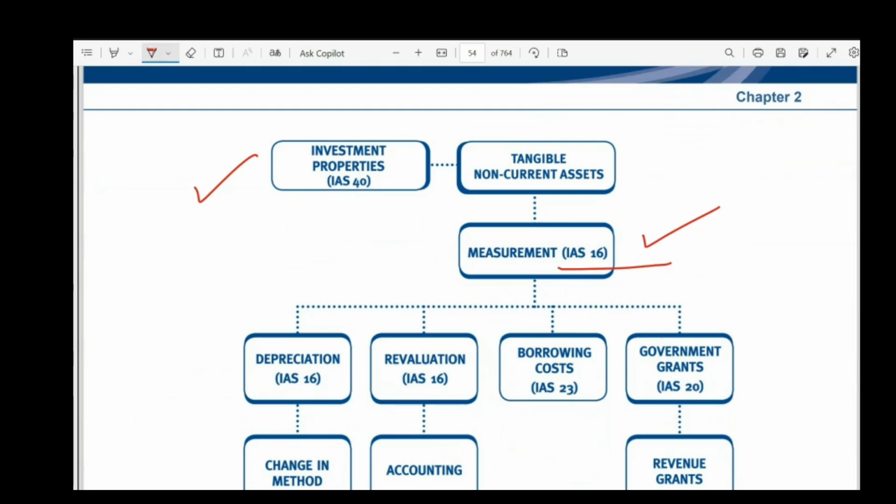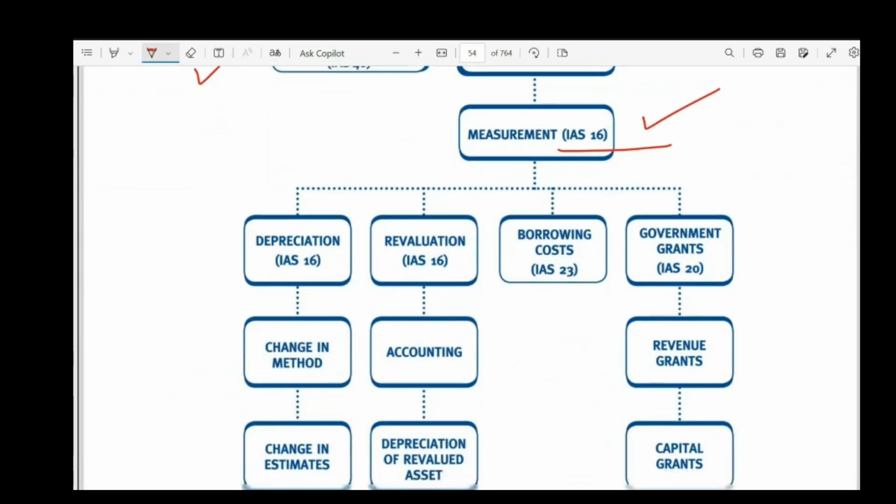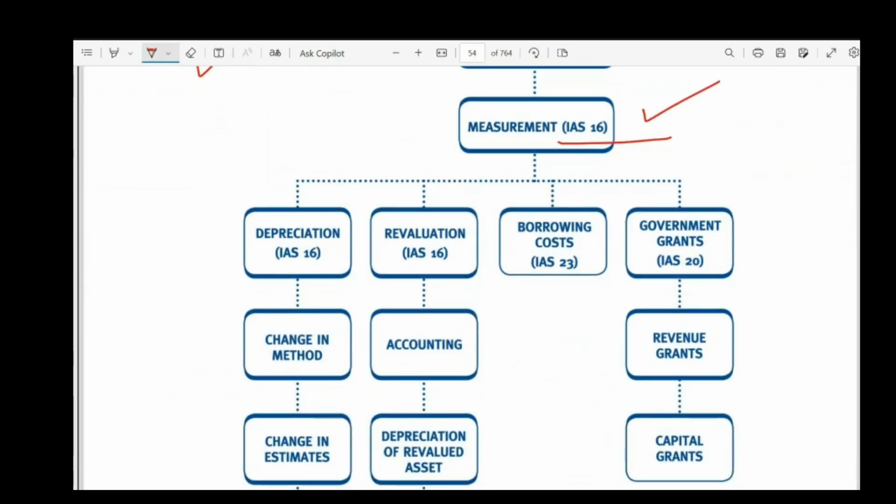So you have to memorize, as we discussed earlier, all IFRS and IAS standards to gain easy and free marks. You have to make this your habit. Whatever topic you are going through or practicing, you should also remember it with its IFRS code as well.